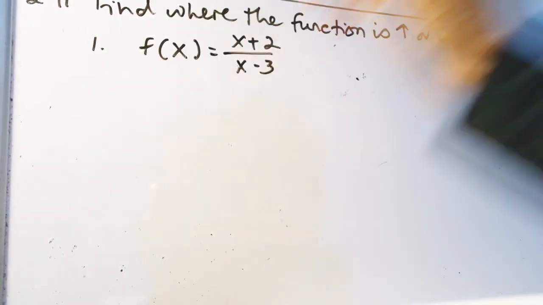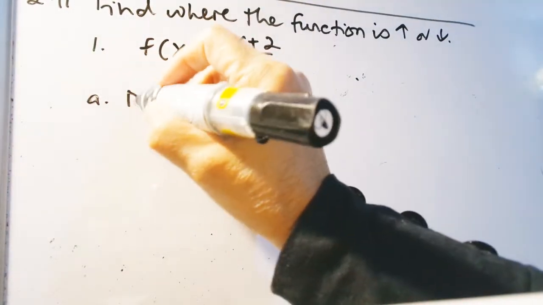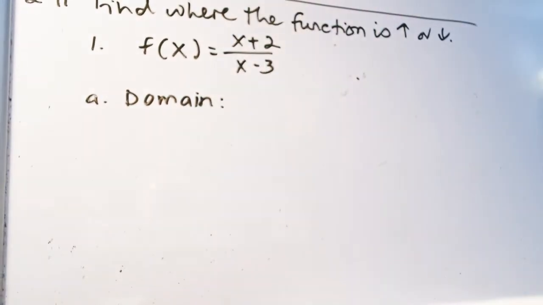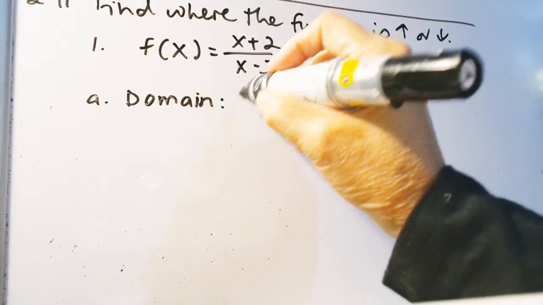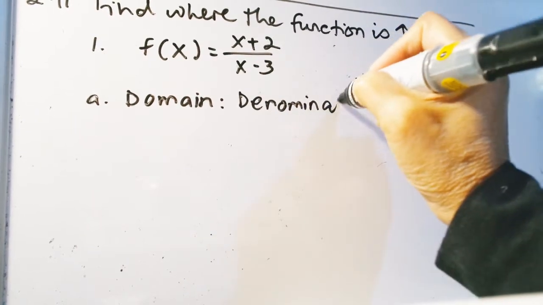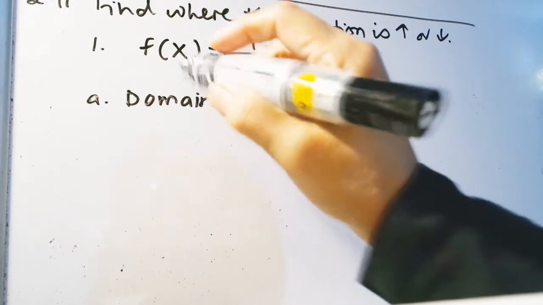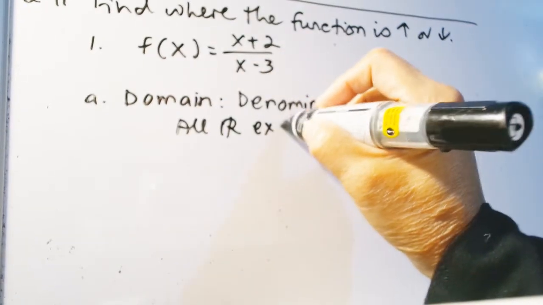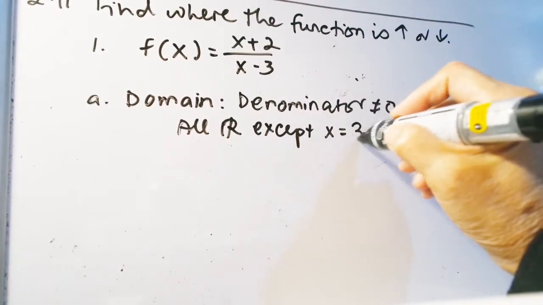Now the first thing that we have to do is to find the domain of the function. If you look at this function, you can see that it has a denominator, and we know that the denominator cannot be 0. So the domain will be all real numbers except x equals 3.